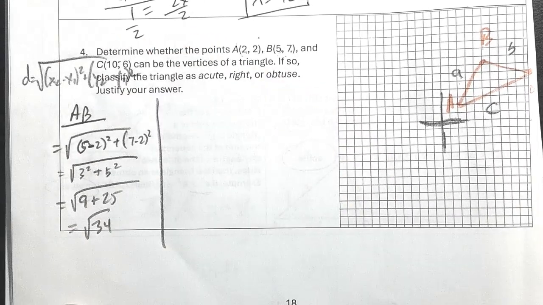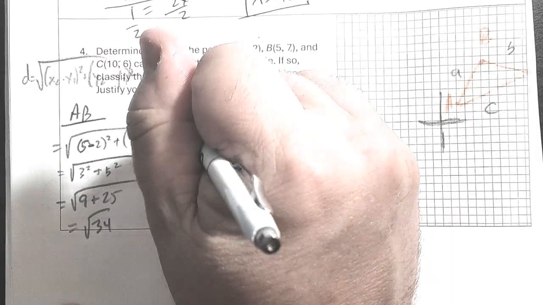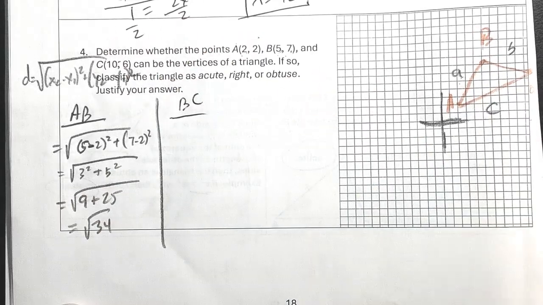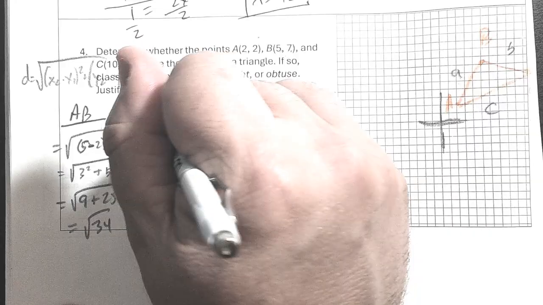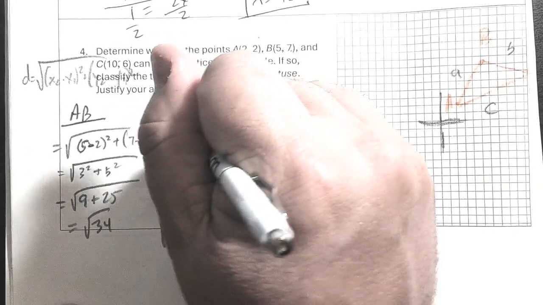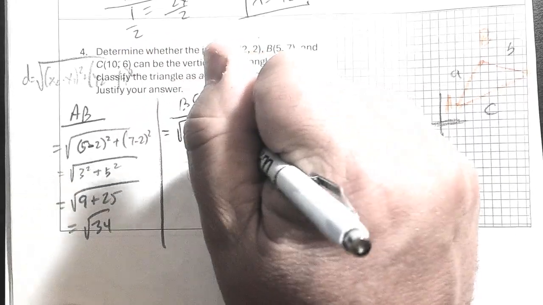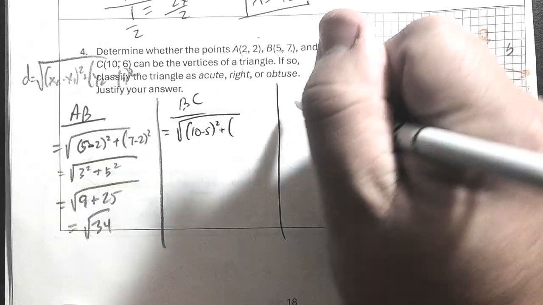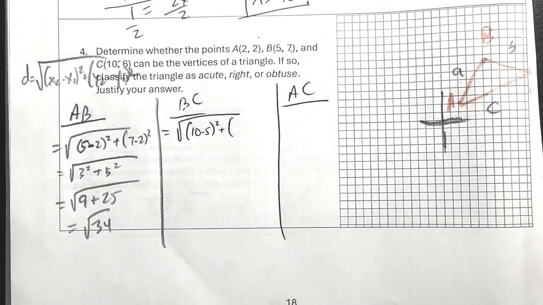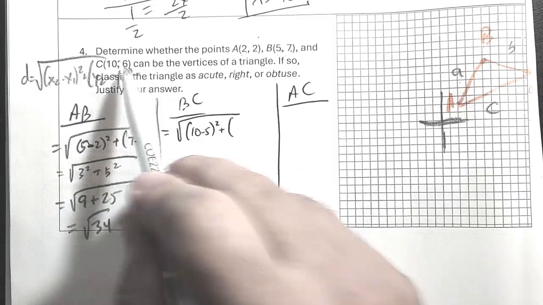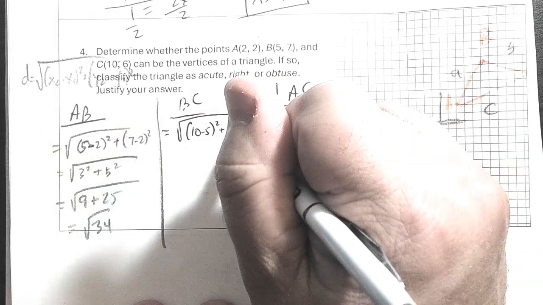Okay. I'm going to go BC. This would be our B. All right, so 10 minus 5. And we're going to skip some steps so we can save some room here. And then 6 minus 7.